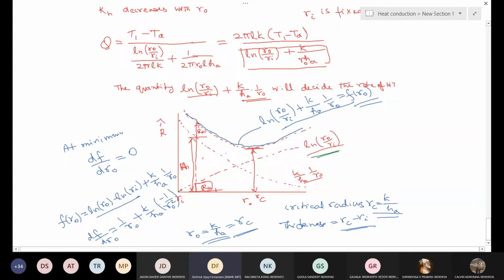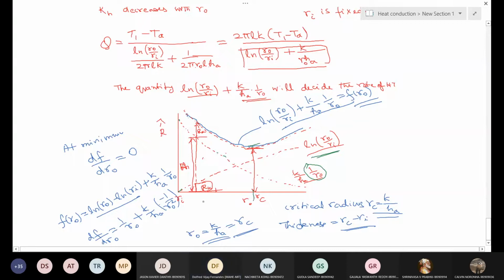Whereas the convection resistance is maximum at the smaller radius and it decreases because we have a function 1 by R0 there. Then the total resistance is the sum of these two. We can combine these two graphs and draw the total resistance, and from that we can find the location of minimum value of resistance, and at that point we have the maximum heat transfer.